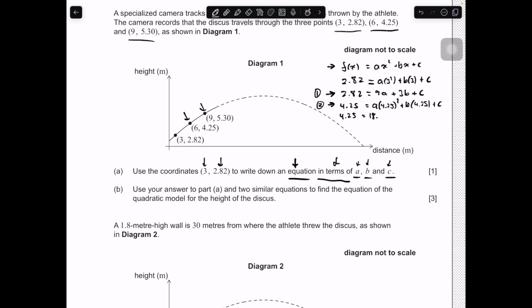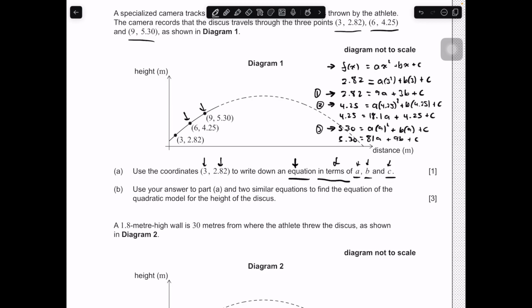We might want to preserve all of our decimals in this case, but let's write it out as 3 sig figs. And the last one, number 3, makes use of 5.30 is equal to A times 9 squared plus B times 9 plus C. So 5.30 is equal to 81A plus 9B plus C.